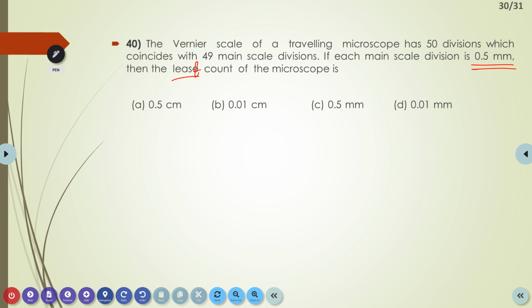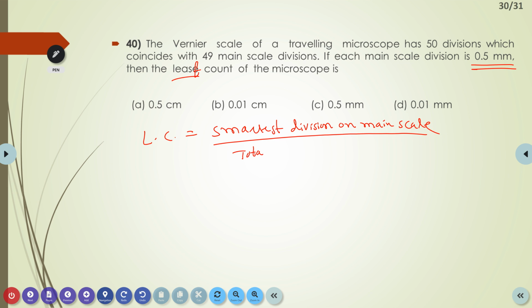You know the formula: least count equals the smallest division on the main scale divided by the total number of divisions on the vernier scale.